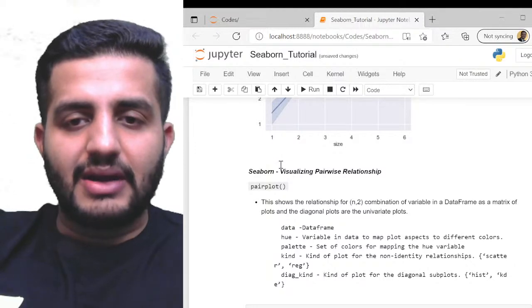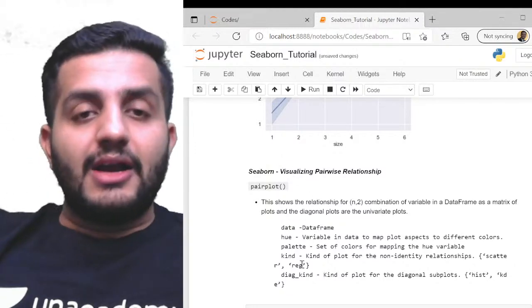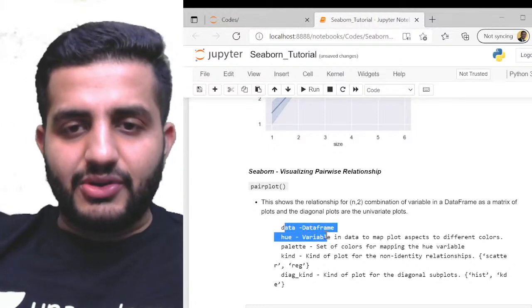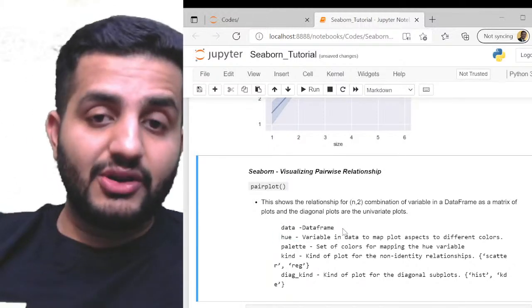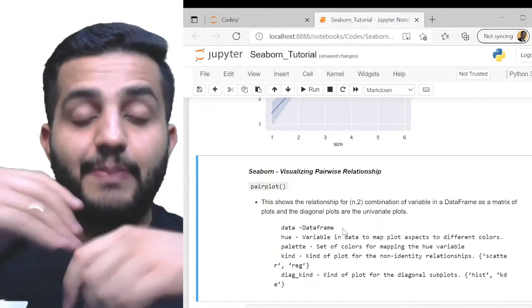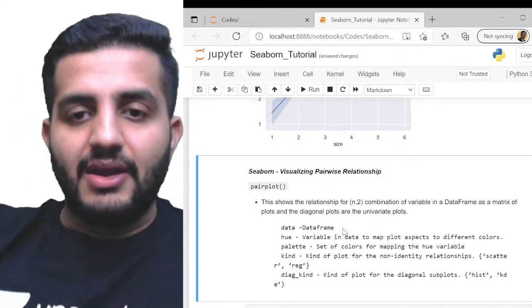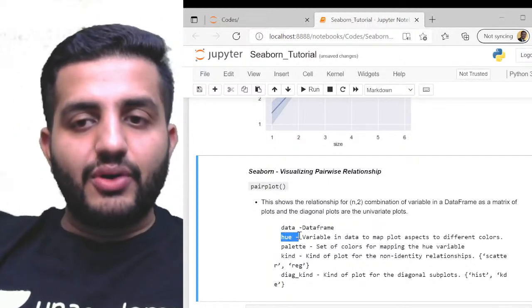Okay, so this is a very interesting and very important graph. Some important arguments available are data, your data which you'll be passing. So here you're not passing any X or Y, okay? You're just passing the data which you want to be part of this pair plot. So remember, we're not passing any X and Y here, okay? So we have hue. I have told you about hue.